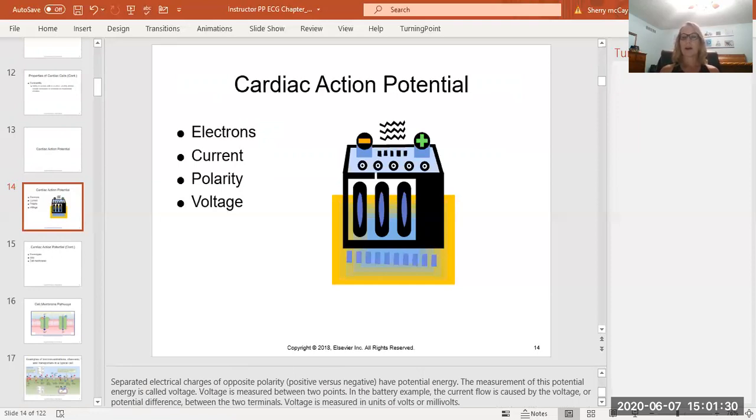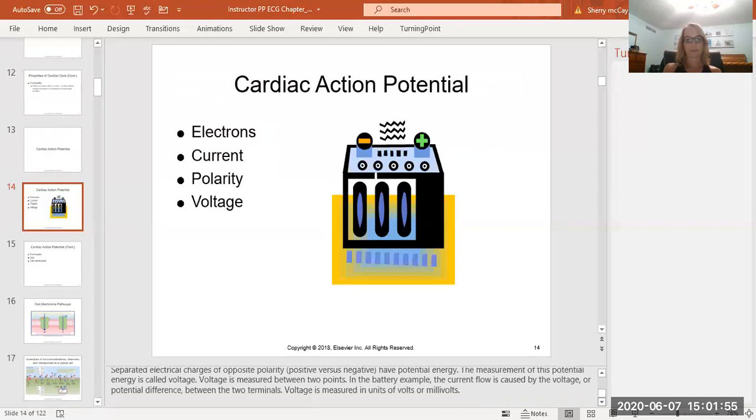The measurement of this potential energy is called voltage. Voltage is measured between 2 points. If you're talking about a battery, the current flow is caused by the voltage, or the potential difference, between the two terminals. Voltage is measured in the units of volts or millivolts.